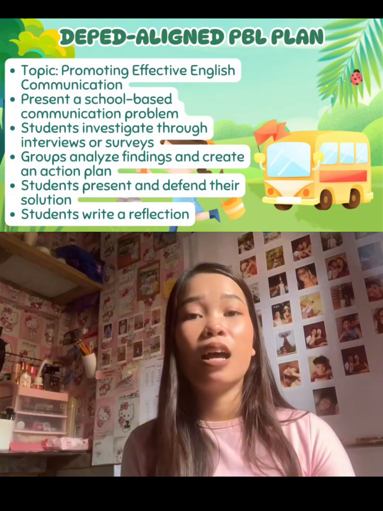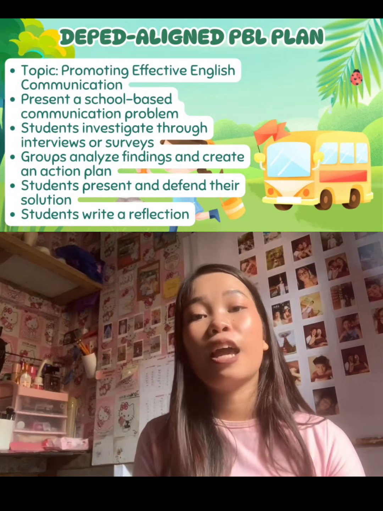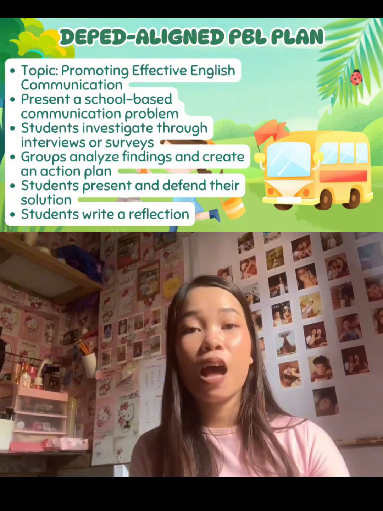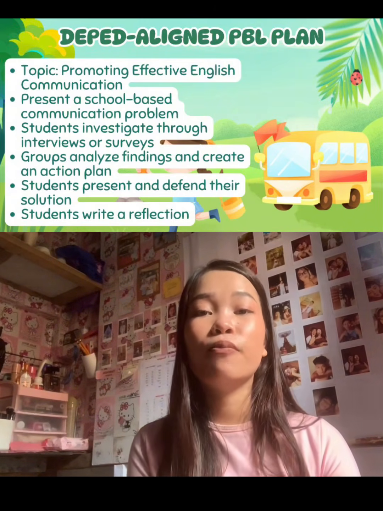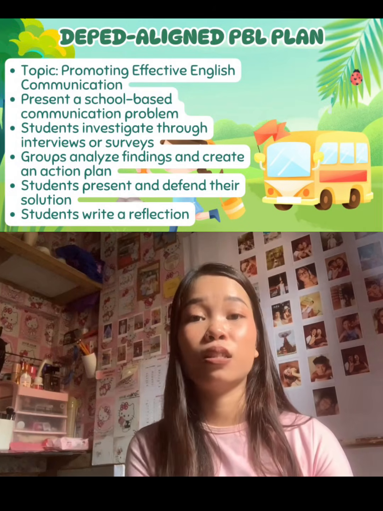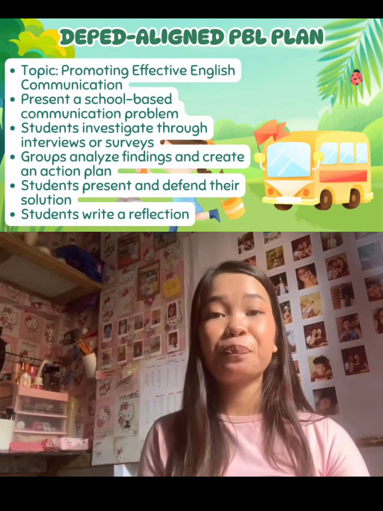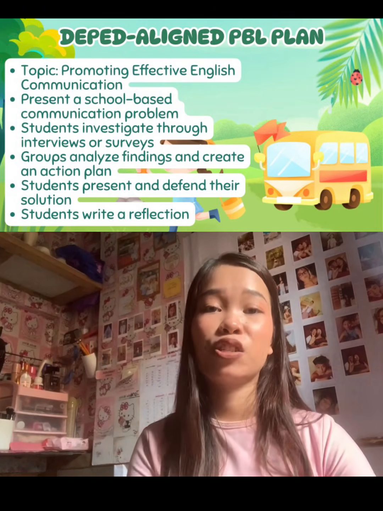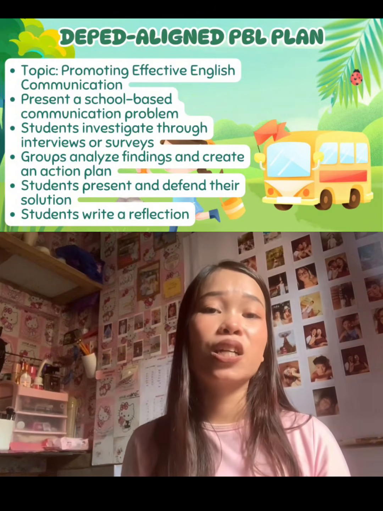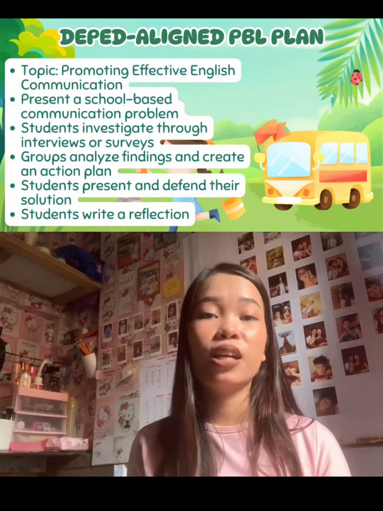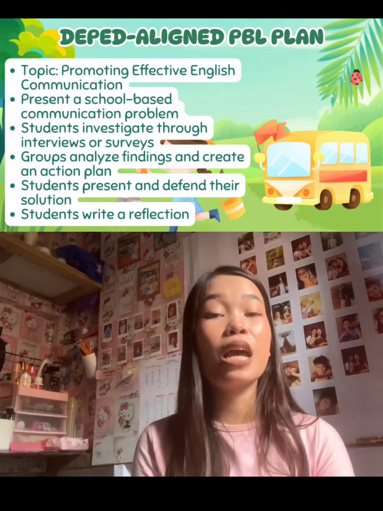After gathering information, they analyze their findings and create an action plan. The group then presents and defends their solutions. And finally, students write a reflection about what they learned. So this type of lesson connects classroom learning with a real situation experienced by the students.